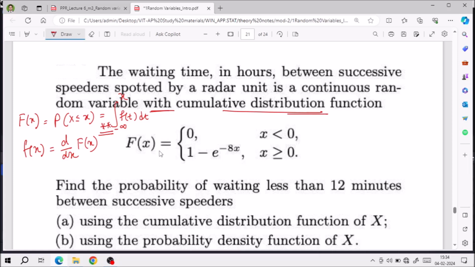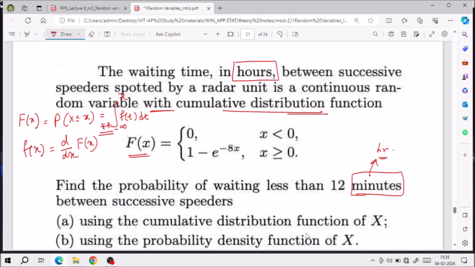Now, based on this cumulative distribution function, find the probability of waiting less than 12 minutes. Observe carefully: it is given in minutes, but the question is in hours. So convert 12 minutes into hours. You need to find the probability using the cumulative distribution function and the probability density function.